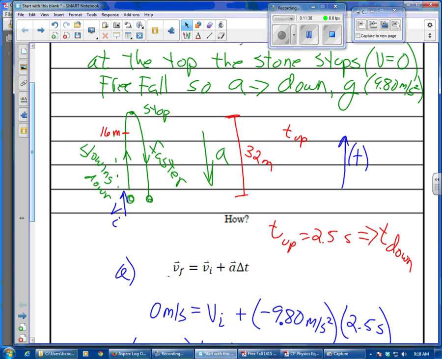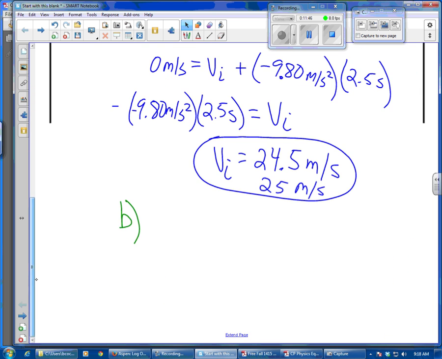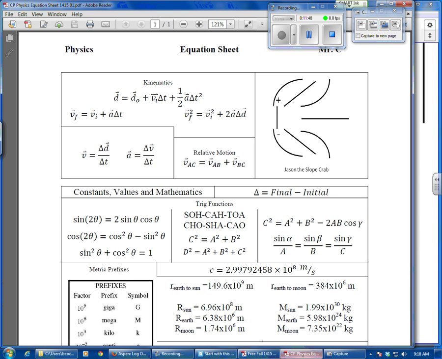Okay. So I want to know how long it takes to get to 16 meters. If I look at my equation sheet, the one that applies when I get to this place because I started someplace, was moving, and am accelerating is this one right here, our top main one.